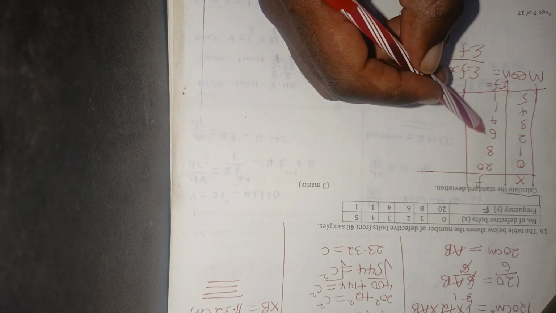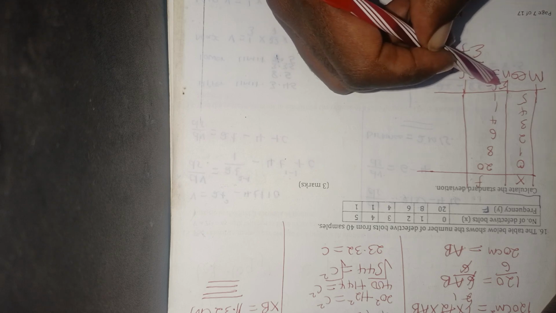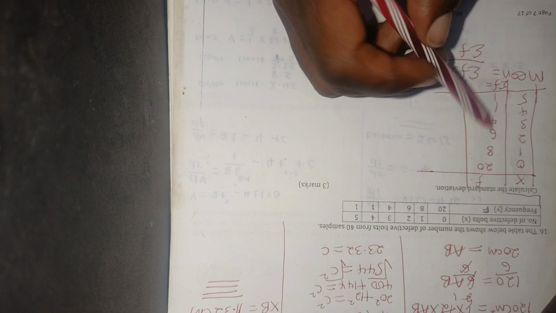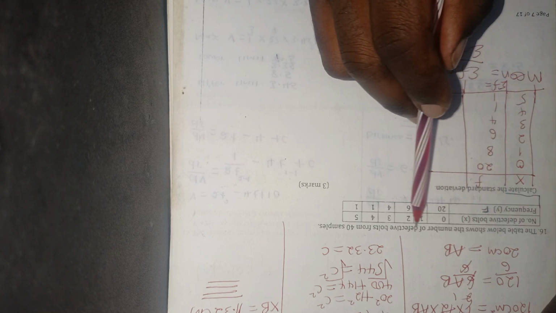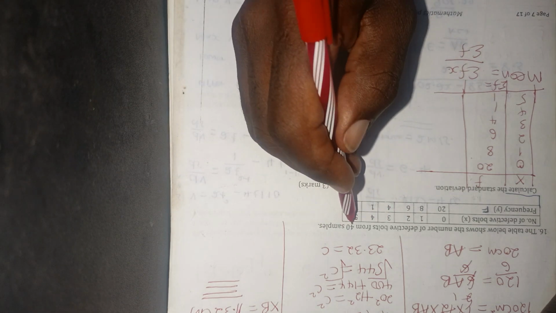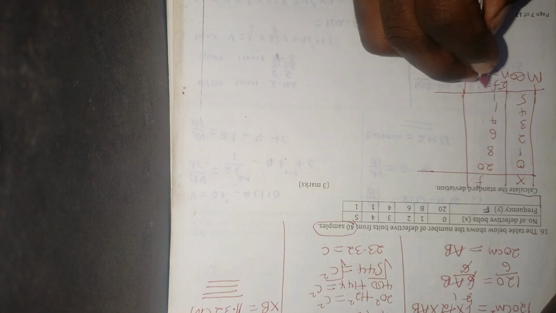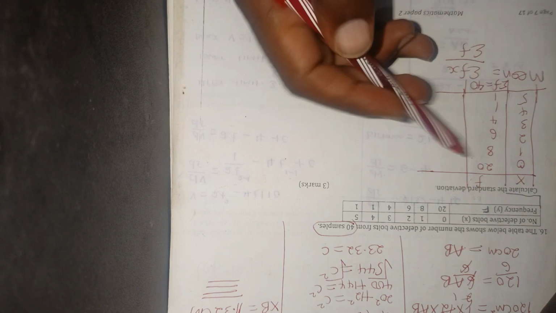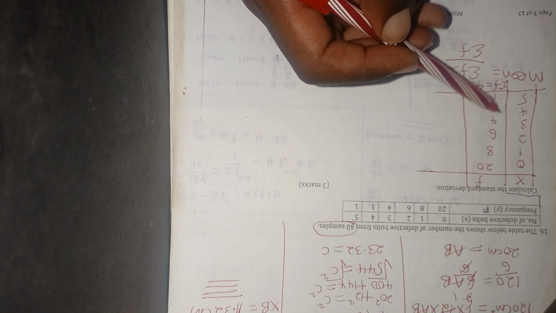Of course, the sum of all these frequencies should give us the summation of frequency. We don't need to add these numbers. You've been told in the question, the table below shows the number of defective bolts from 40 samples. So that becomes the summation of your frequencies, so you'll write here 40. But again, if you say 20 plus 8 plus 6 plus 4 plus 1 plus 1, it must give you the same answer.